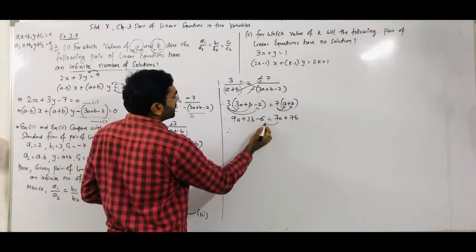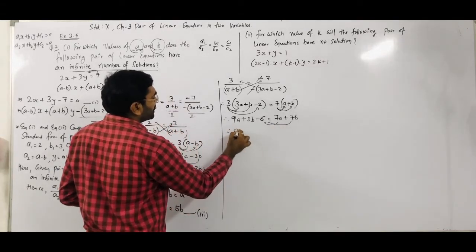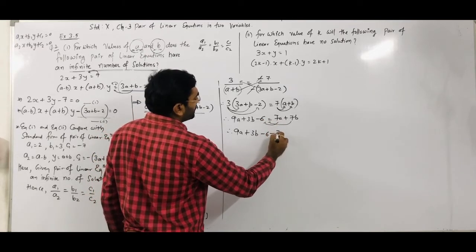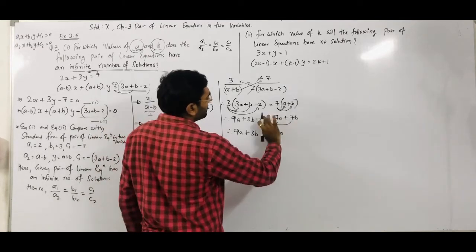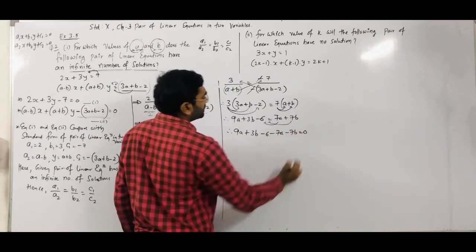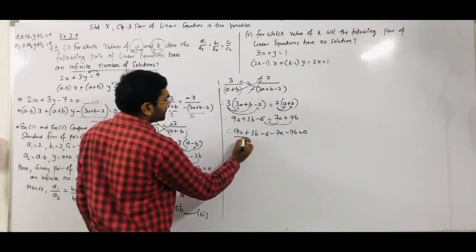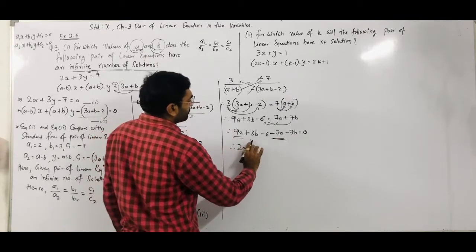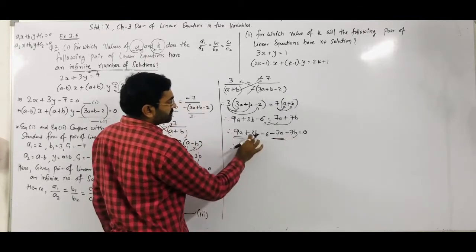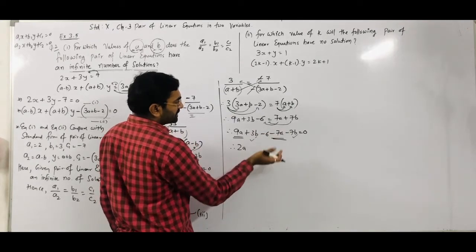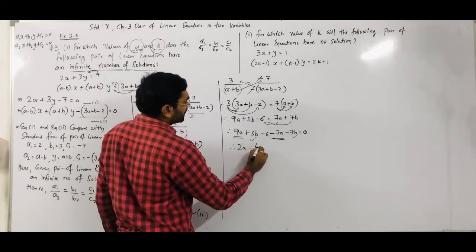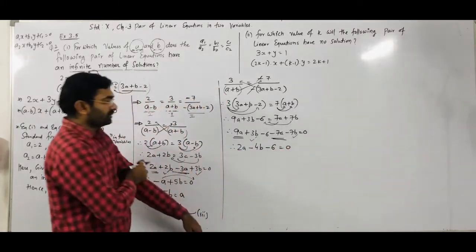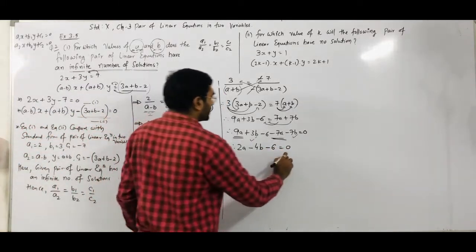Now we have to take all terms to the left hand side, so 9a + 3b - 6, and 7a comes to the left hand side so minus 7a, 7b comes to the left hand side so minus 7b, is equal to 0. Now see, 9a minus 7a, so we get 2a. Plus 3b minus 7b, we put the bigger number's sign, so minus 4b, and minus 6 is equal to 0. So that is our fourth equation.